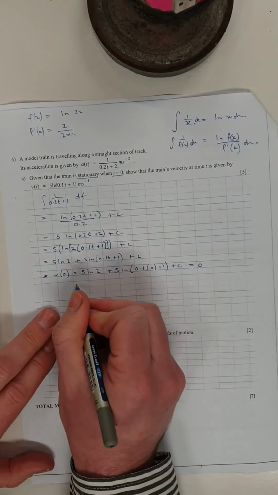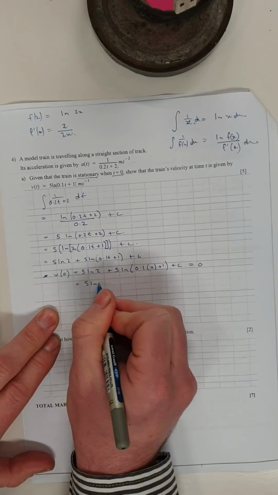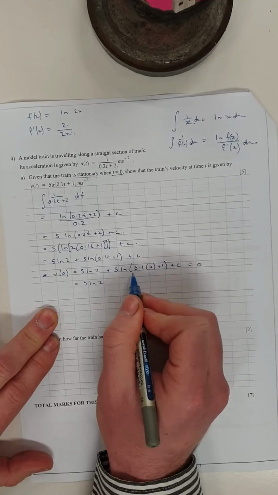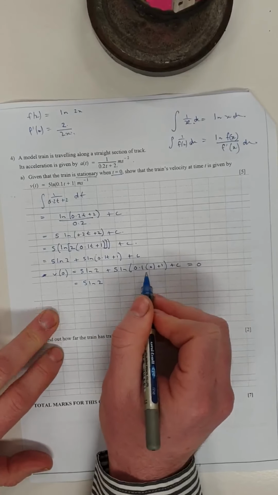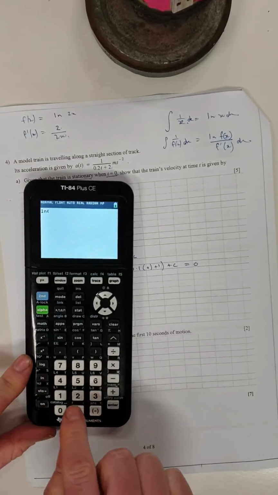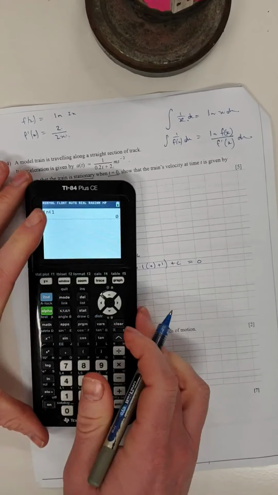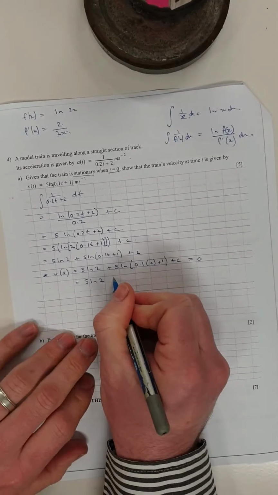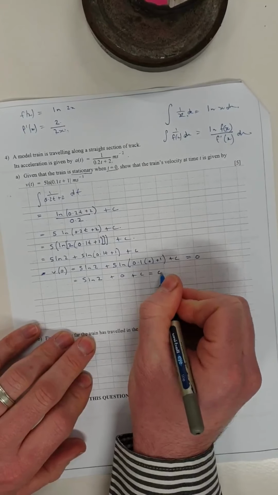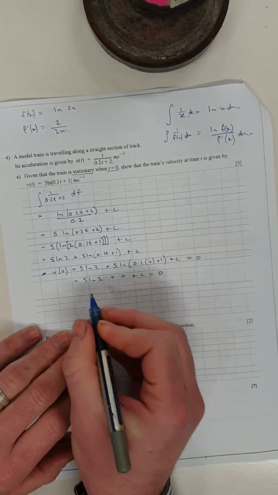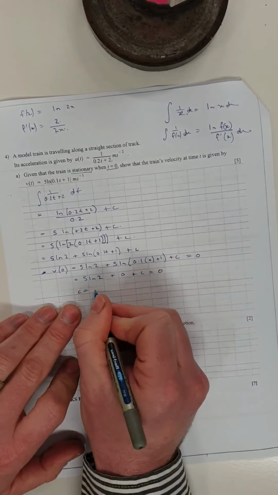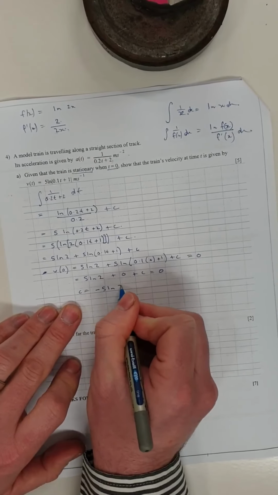Okay. Which means we have 5 ln 2. Now 5 ln 0.1 times 0 is 0. So I've got 5 ln 1. Now natural log of 1, if you forget, plug it in, ln of 1 is 0. So that whole thing becomes 0. Plus c equals 0. So what that means is that c is equal to, if I bring that over, negative 5 ln 2.